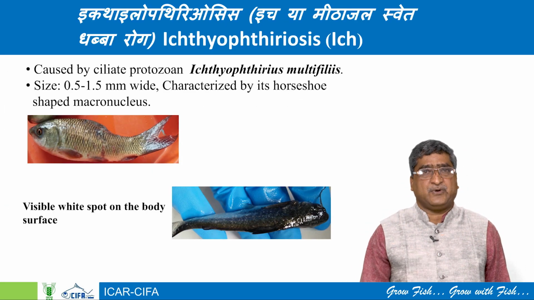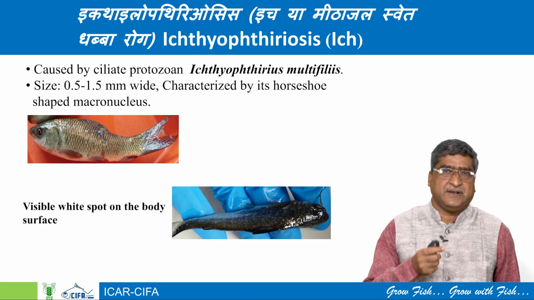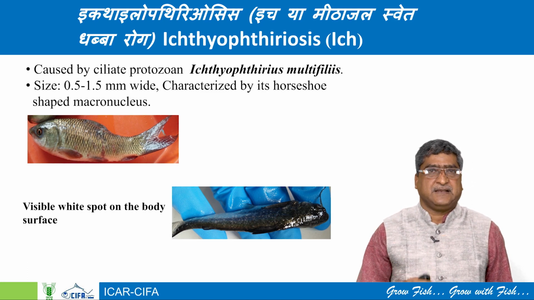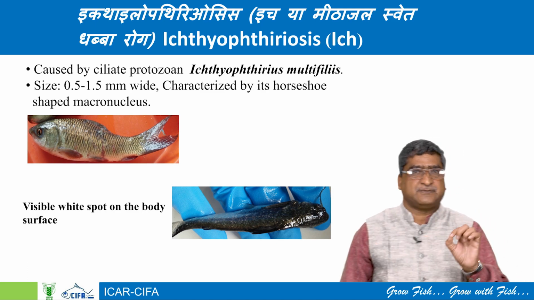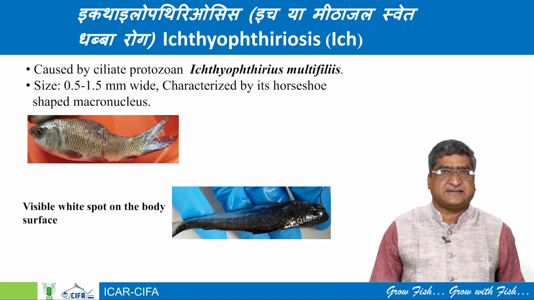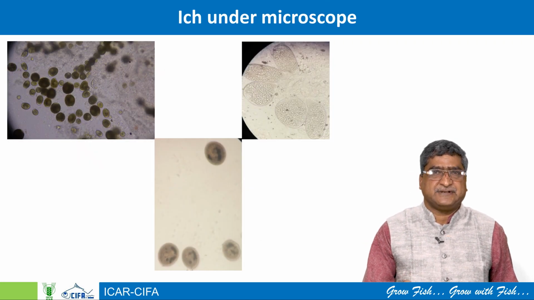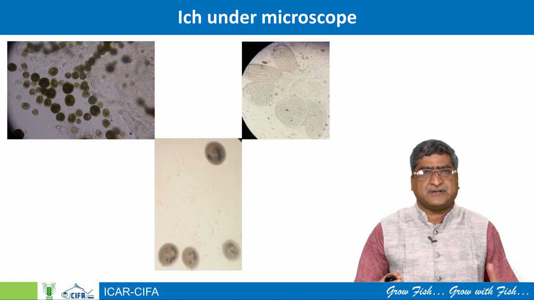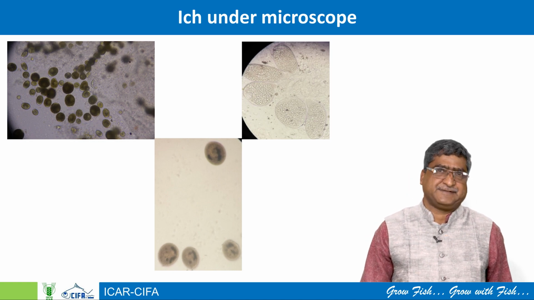Then you have another important one called freshwater white spot disease, caused by the parasite Ich, or Ichthyophthirius multifiliis. It is a very important, small parasite. Under the microscope you can see the parasites and their spores. They are attached together and burst out, then come into the water and attack other fishes.